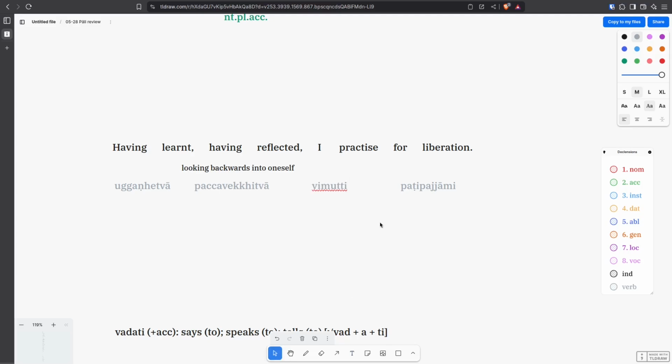So I think for the purpose of liberation would be vimuttiyā. That's right. And so this is the dative form. The dative, yes. So the absolutives are uggaṇhitvā and paccavekkhitvā, and for the purpose of something is the dative declension. Vimutti, vimuttiyā. Oh, very good, thank you.